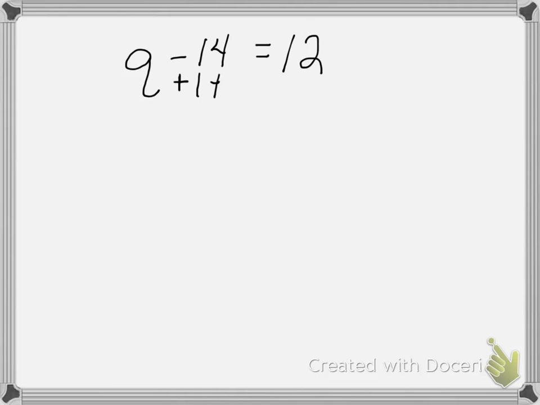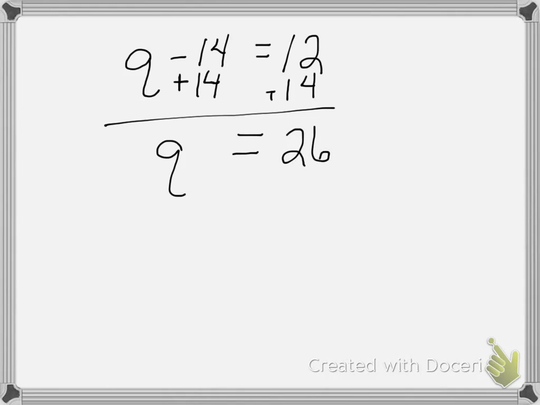In order for my equation to remain true, I have to add the same thing to both sides. So I'm going to add 14 on this side of the equal sign. I have q here, plus 0, we don't need to write that, equals 12 plus 14, which we know is 26. So we added 14 to both sides, which got rid of it on one side, moved it to the other, and it remained equal.